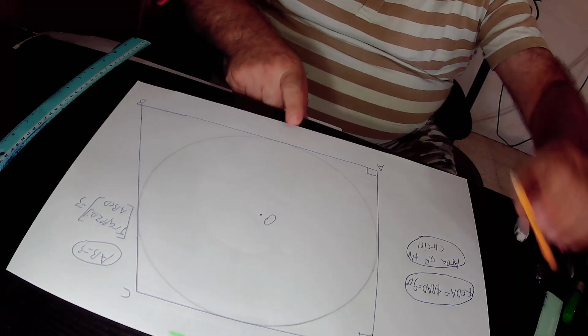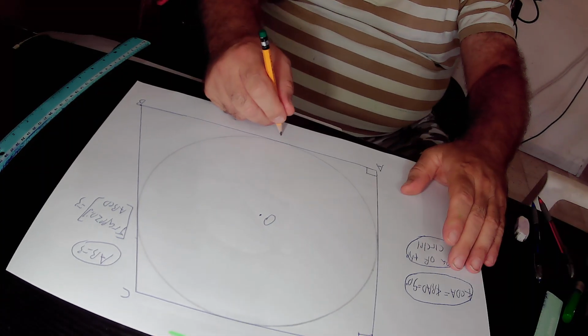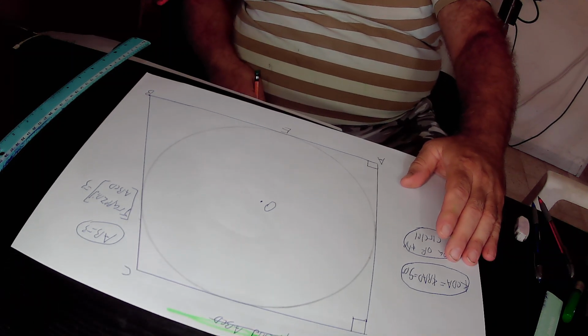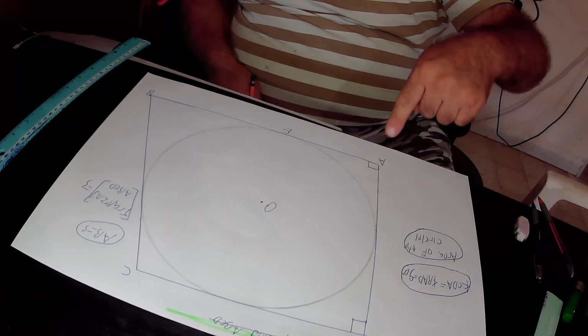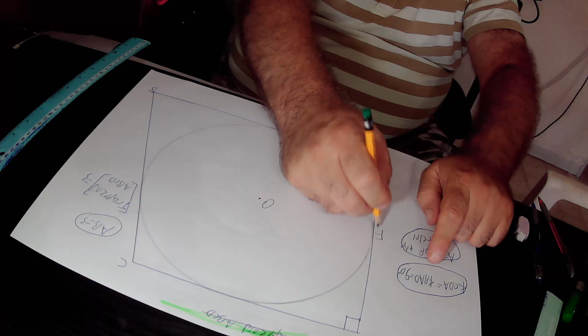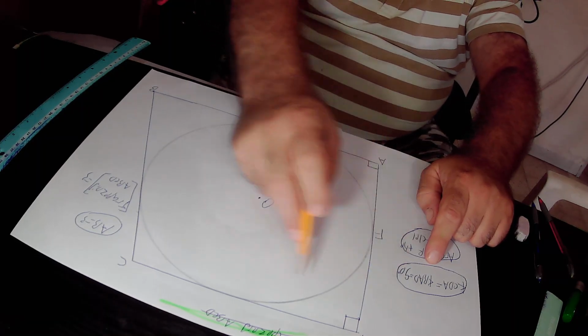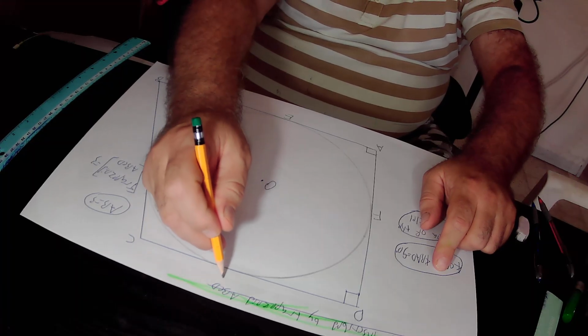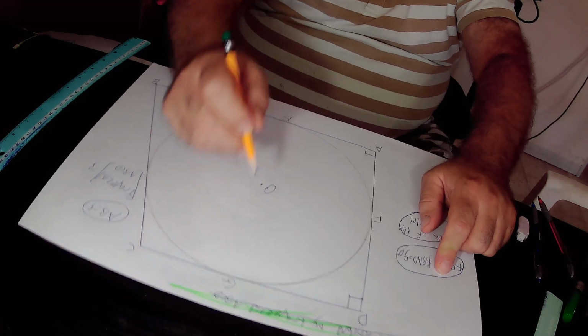This point is point E. We define the point of tangency of tangent DC with this circle. This point is point F. And finally, we define the point of tangency of the remaining tangent with this circle. This point is point G.